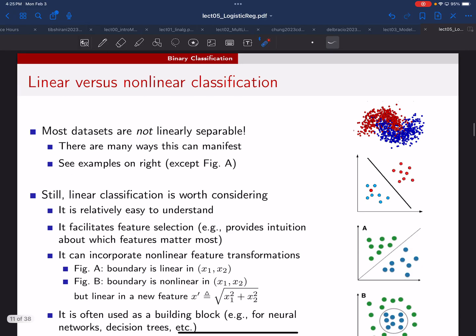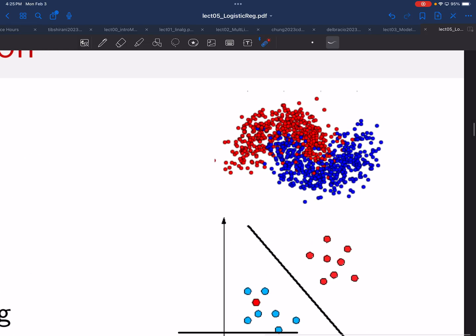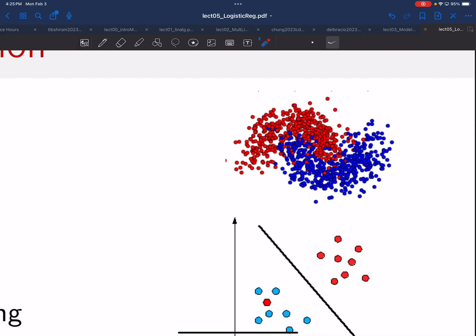Okay, but that doesn't always happen. In fact, in practice, it usually doesn't happen. There are many different ways that this problem can manifest. If you have data like this, where the red points are one label and the blue points are another label, there's no way I can come up with a linear hyperplane that separates that cleanly into blue and red.